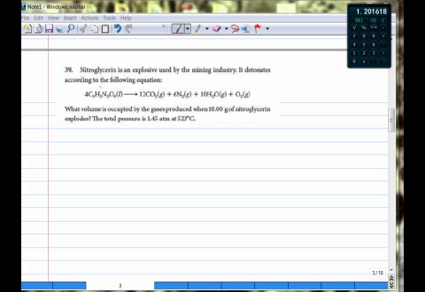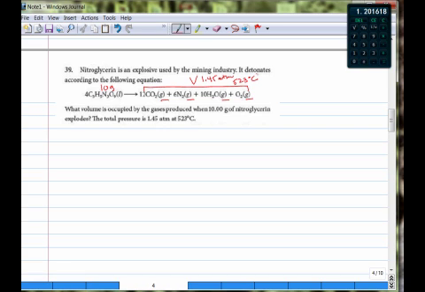And so you are starting with 10 grams of nitroglycerin, and you want to know the volume of all the gases, and notice that every product is a gas. And the volume is going to be measured at 145 atmospheres and 523 degrees Celsius. Well, we've got this 10 grams.